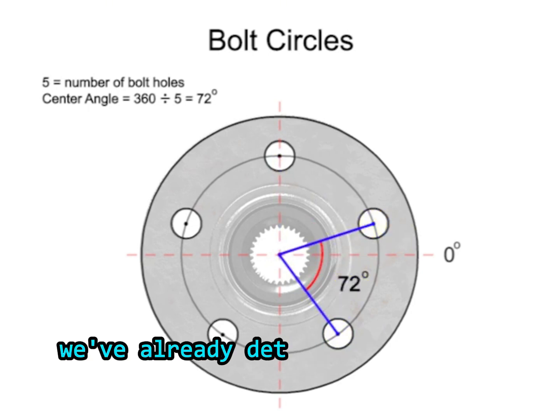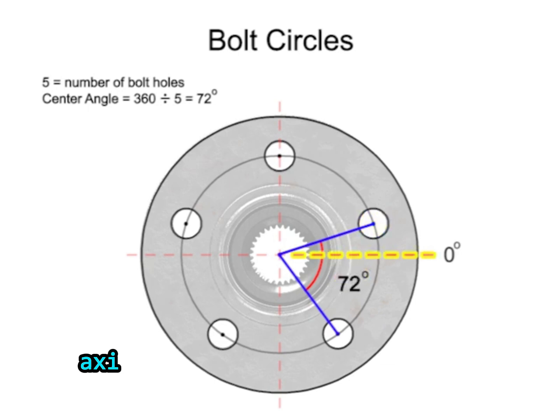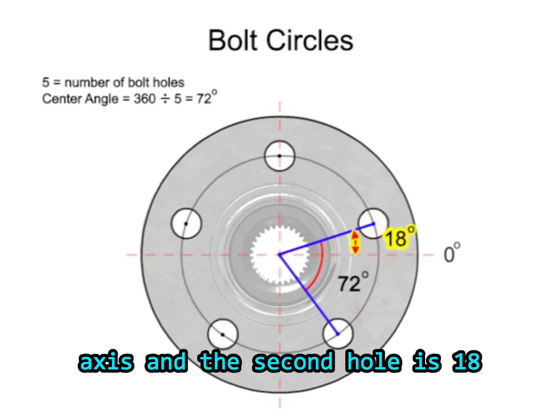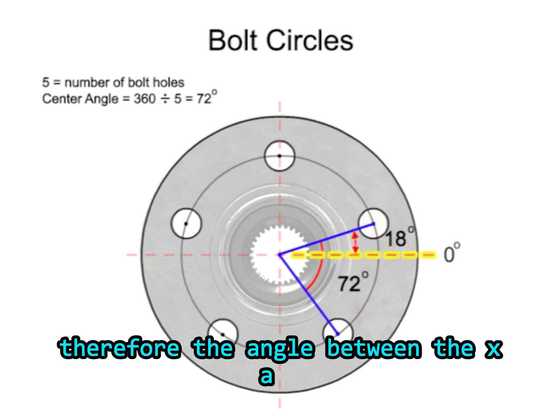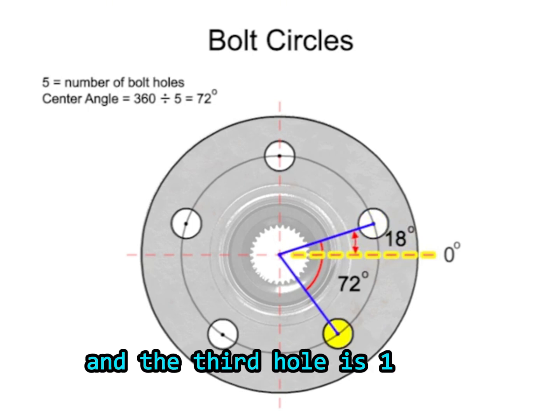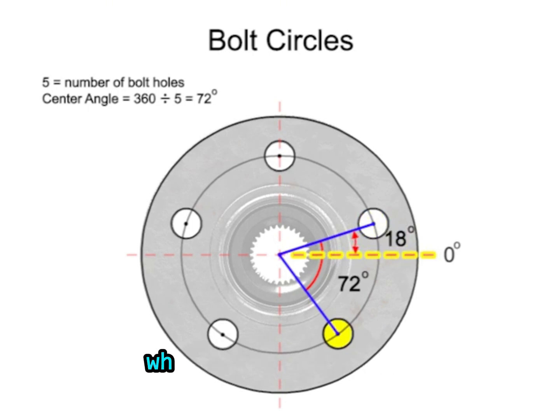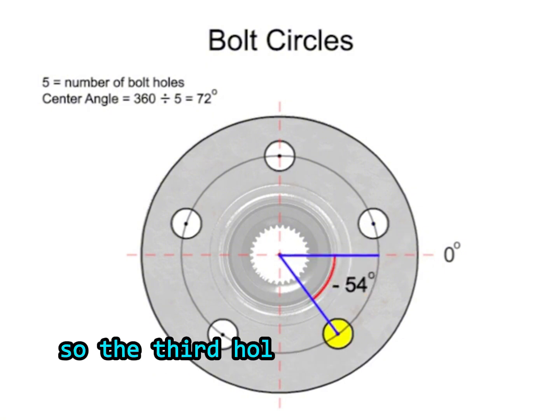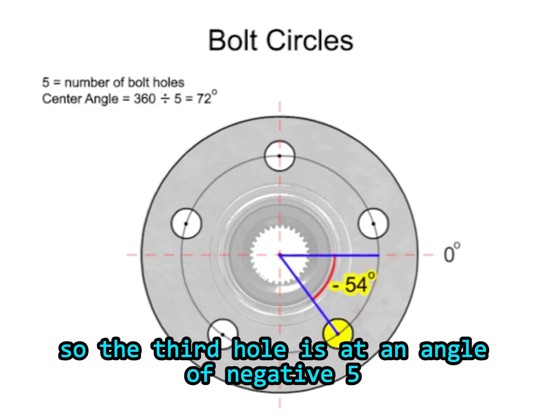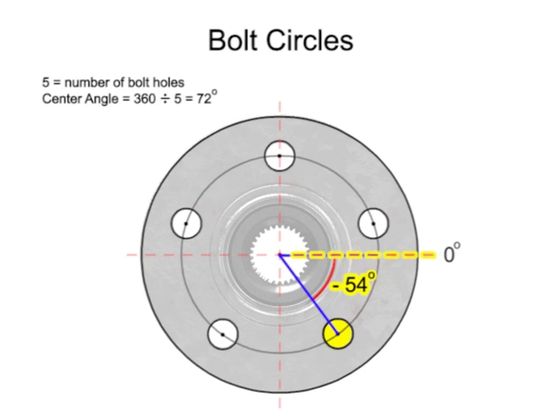However, we've already determined that the angle between the x-axis and the second hole is 18. Therefore, the angle between the x-axis and the third hole is 18 minus 72, which is negative 54. So the third hole is at an angle of negative 54 from the x-axis.